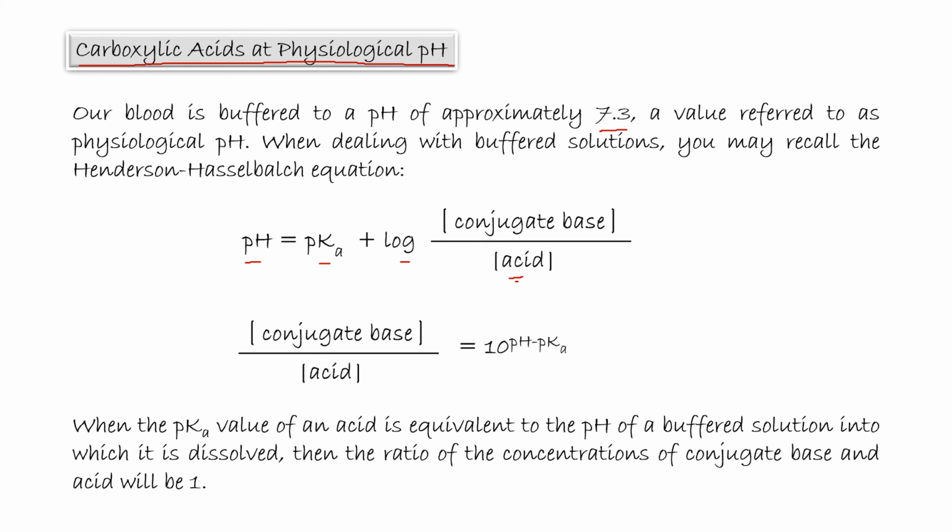Thus, the conjugate base concentration divided by the concentration of acid will equal 10 to the power pH minus pKa. If the pH and pKa are equal, that means 10 to the power 0, and the concentration of the conjugate base and the acid will be equal.